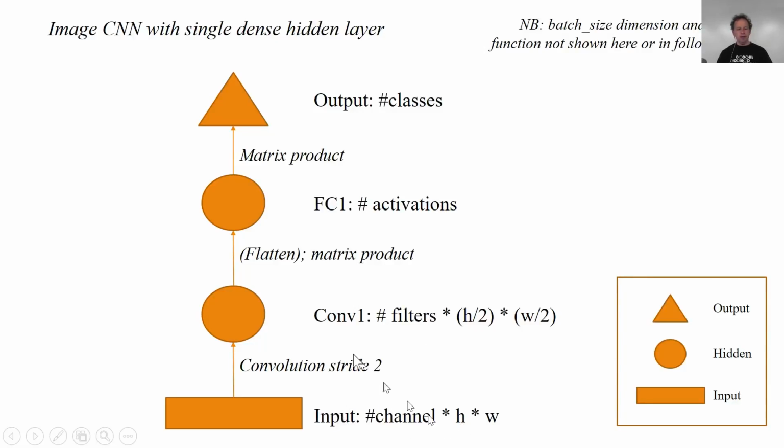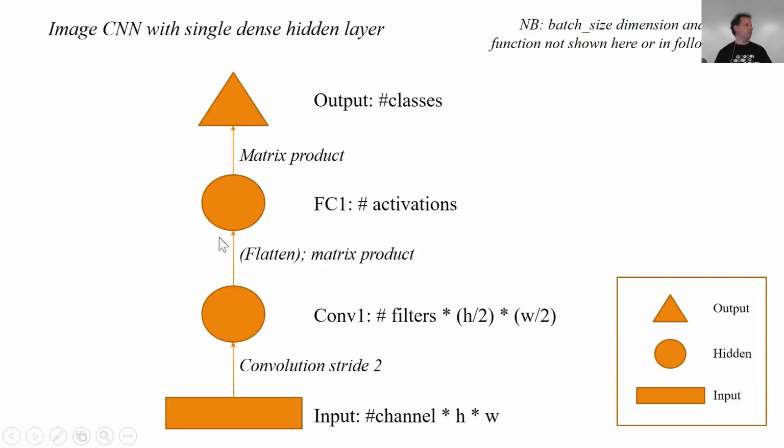So here's our input, and in this case, rather than a matrix product, we'll do a convolution, a stride 2 convolution, so we'll skip over every second one, or it could be a convolution followed by a max pool. In either case, we end up with something where number of channels is replaced with number of filters, and we now have height divided by 2 and width divided by 2. Then we can flatten that out somehow.